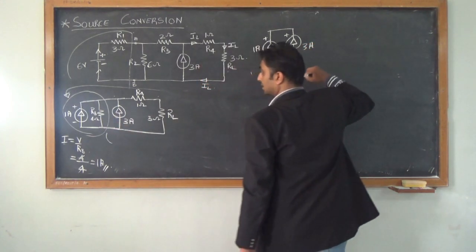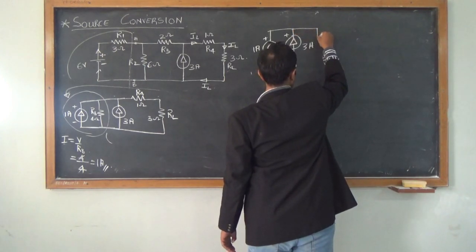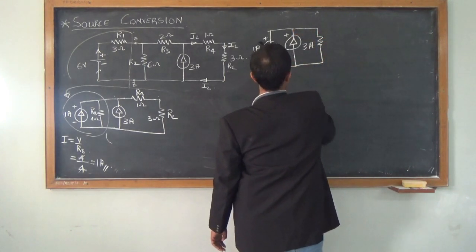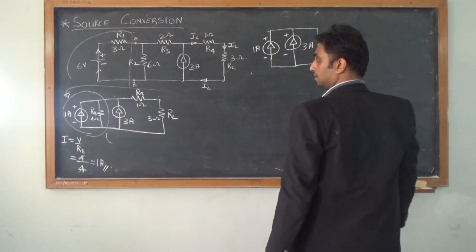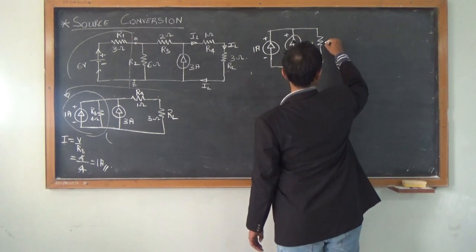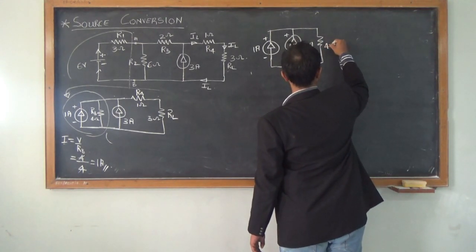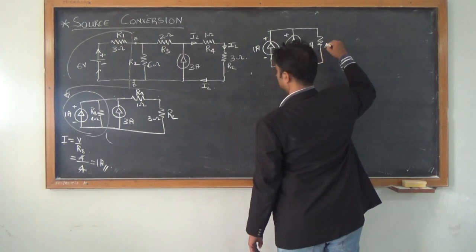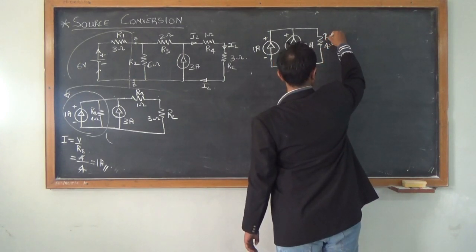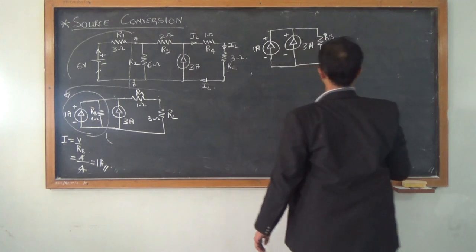And I have my resistor RB, which is in parallel to the current sources, equal to 4 ohms, which is my RB.